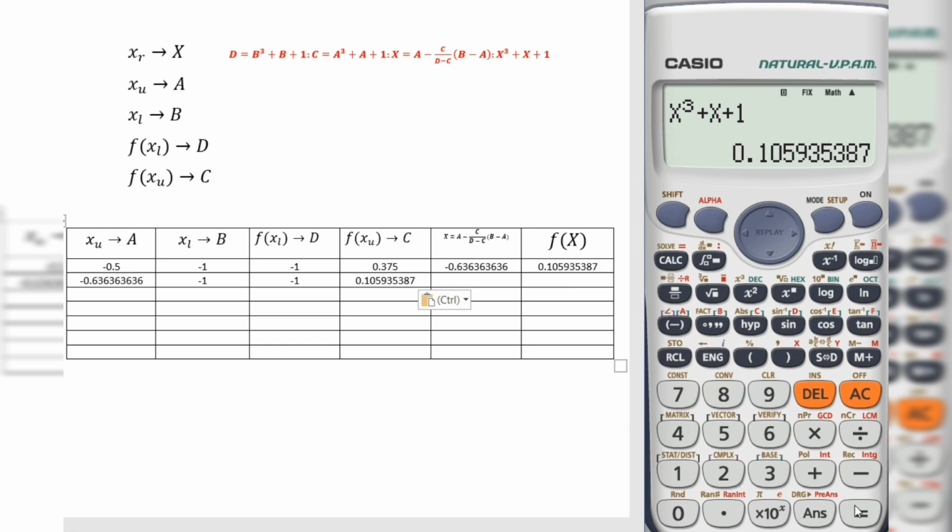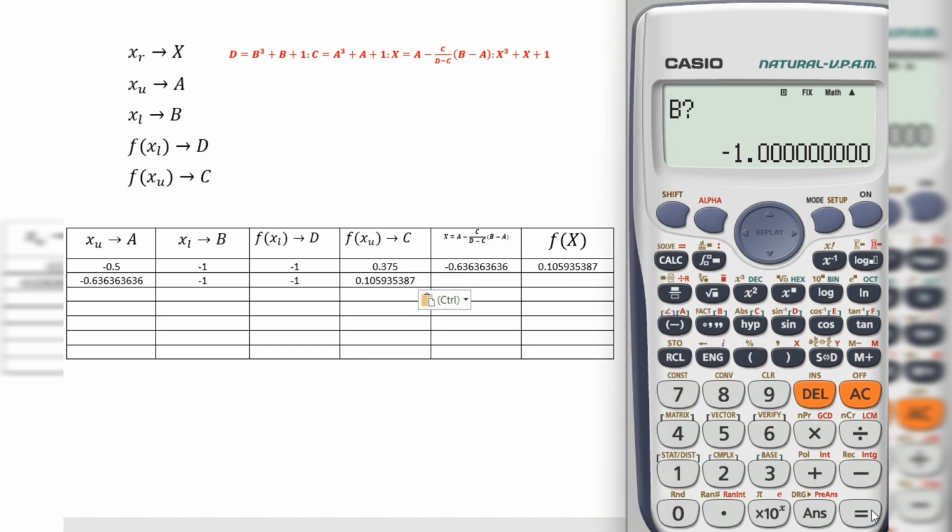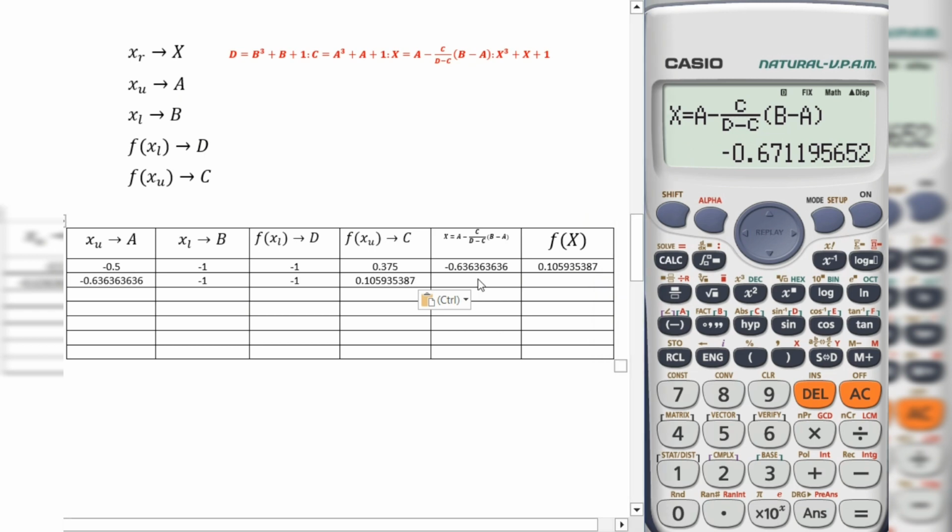Now we go to the calculator. So B is equal to minus 1, it does not change. A is equal to X, using alpha X, and D is equal to minus 1, C is equal to this value, and X equals minus 0.671195652.